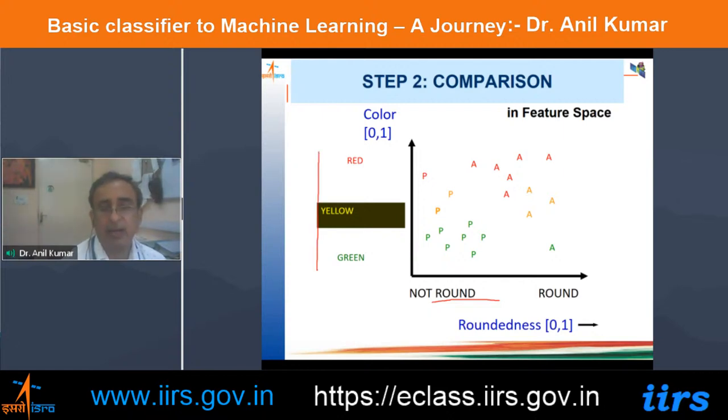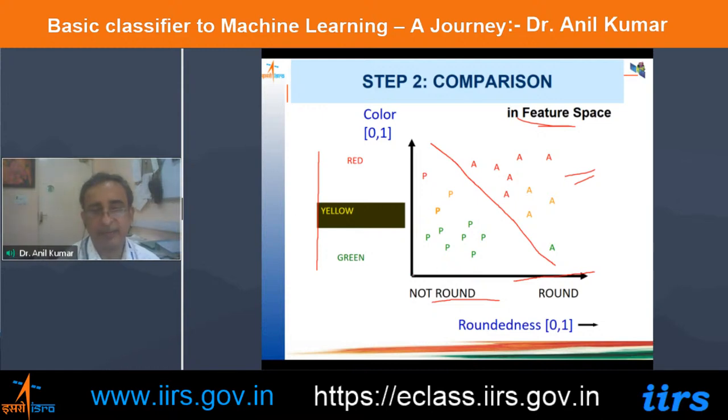So we can see pears and apples, both more or less separated in this feature space, and you can see very easily that we can have a separation line which can separate them. And this complete graph is called feature space because each axis is carrying a feature.